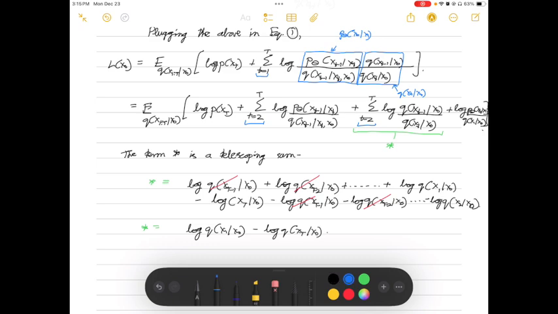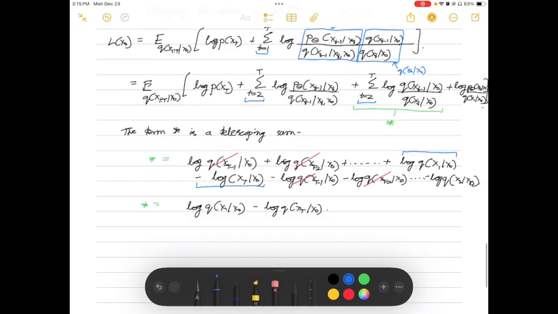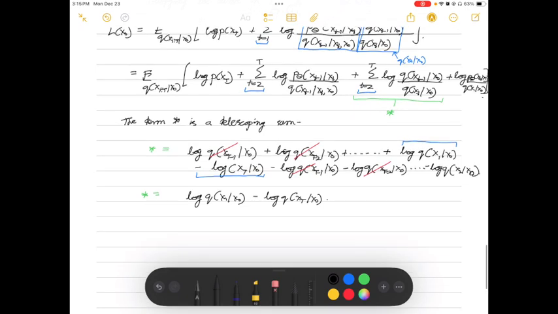So only this negative term and only this positive term will remain, and all other terms will cancel out. And that's kind of nice because it simplifies a lot of the computation that we were going to do.